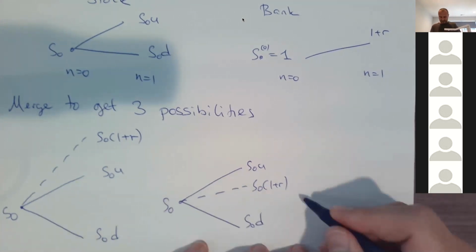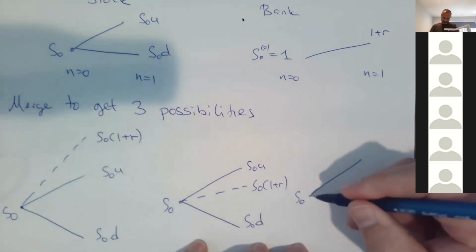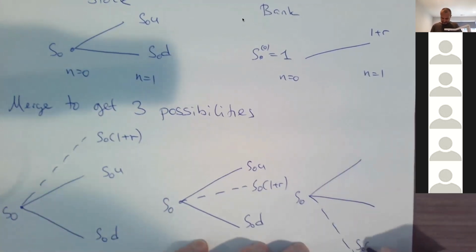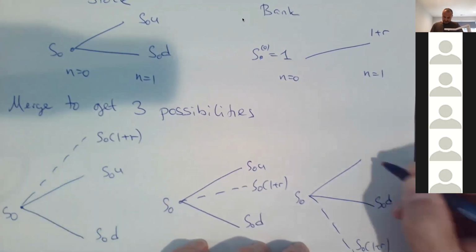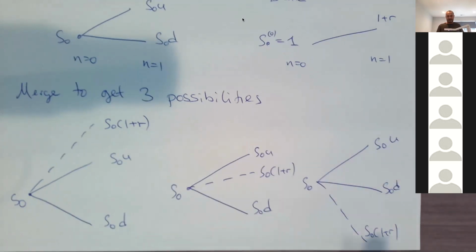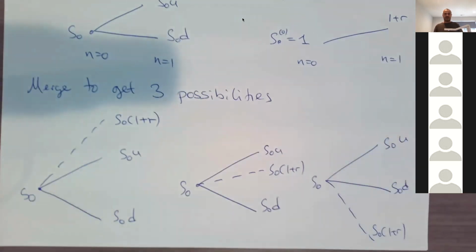And the third and final possibility is that it dips below. Those are the 3 possibilities. I merge these 2 pictures up here into one picture, and I can have these 3 cases.